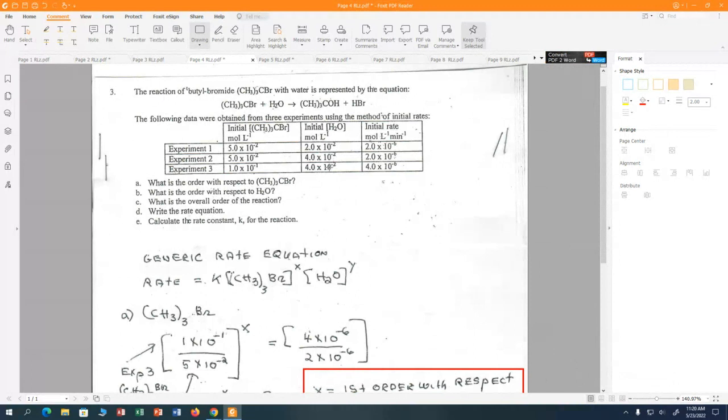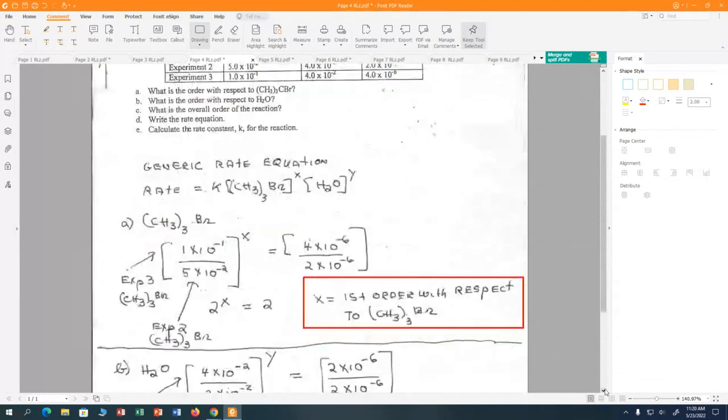We take the larger number, which is 1 times 10 to the minus 1, the corresponding rate, we take the concentration, and we then divide, and we get 2 to the x is equal to 2. So in this case, x is equal to 1, and you don't have to write down the 1, it's understood.